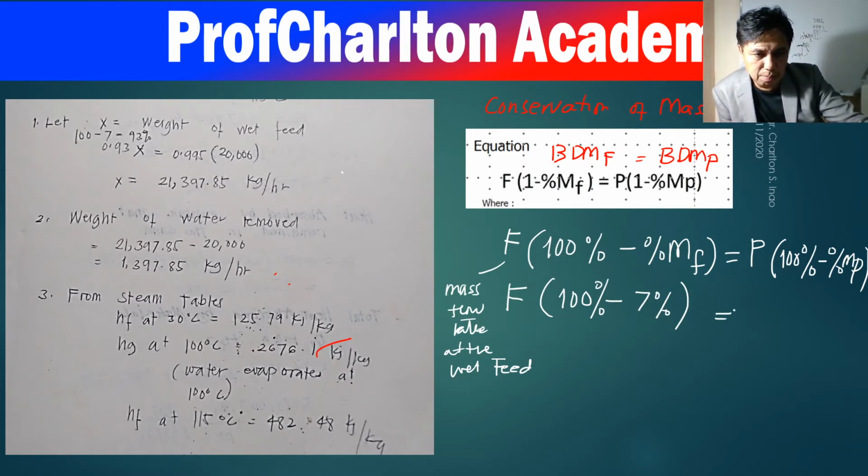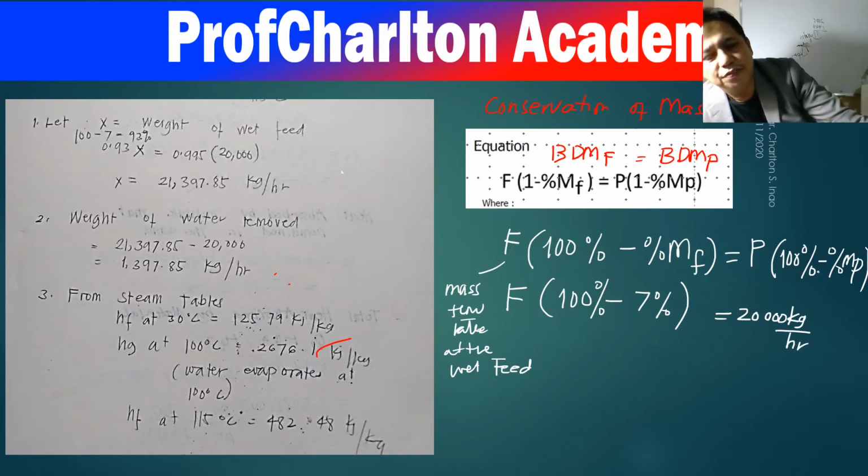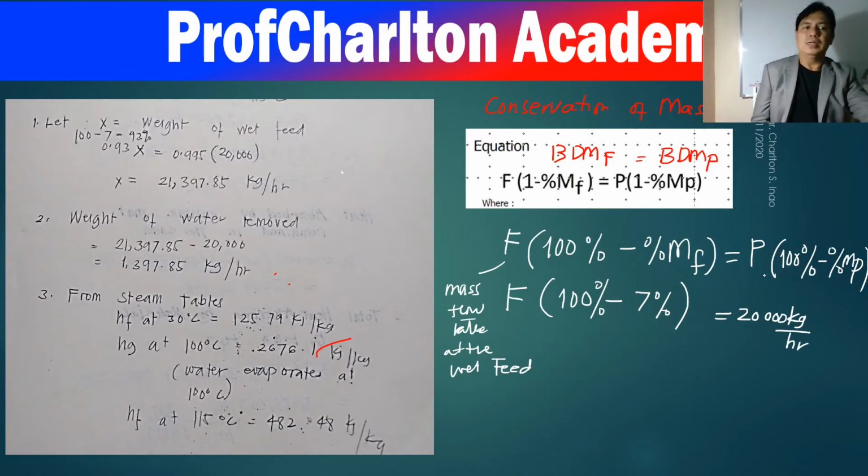Then it is equal to the mass flow rate at the product or at the discharge after the dryer. So what is that? 20 metric tons, or 20,000 kilogram per hour. That is the mass flow at the discharge, or the product.